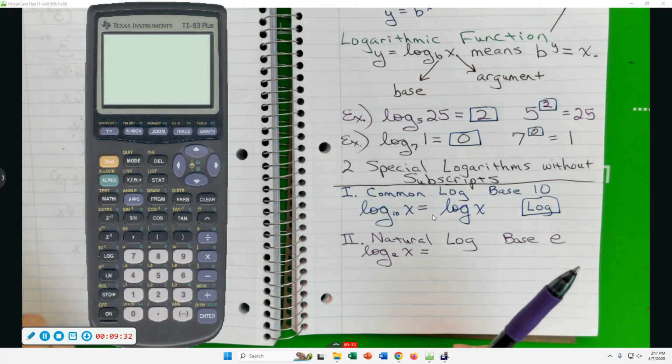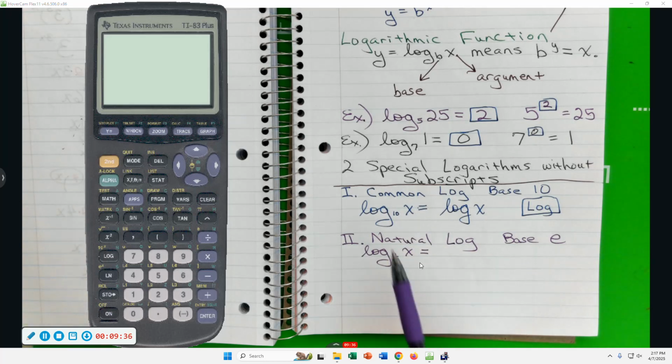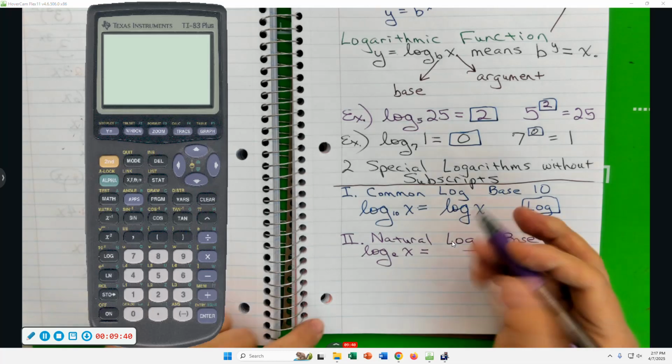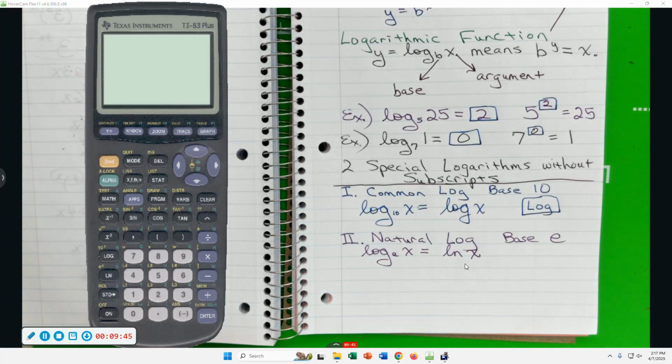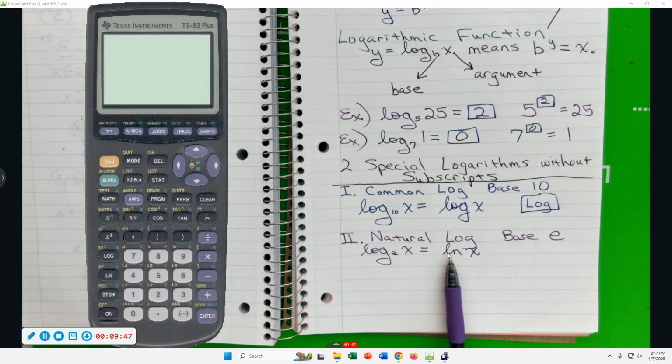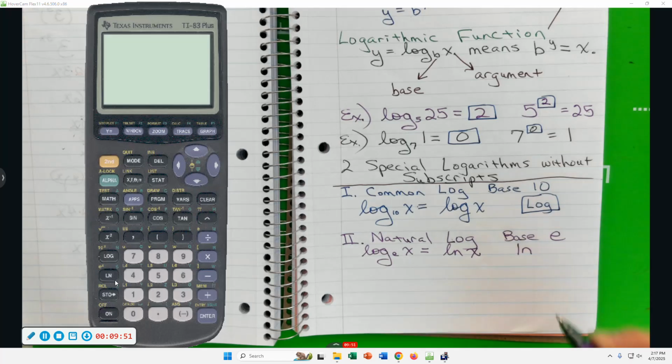They wanted the notation to start with an L, L for logarithm. They decided to just reverse those initials. The natural logarithm would be denoted ln of x.